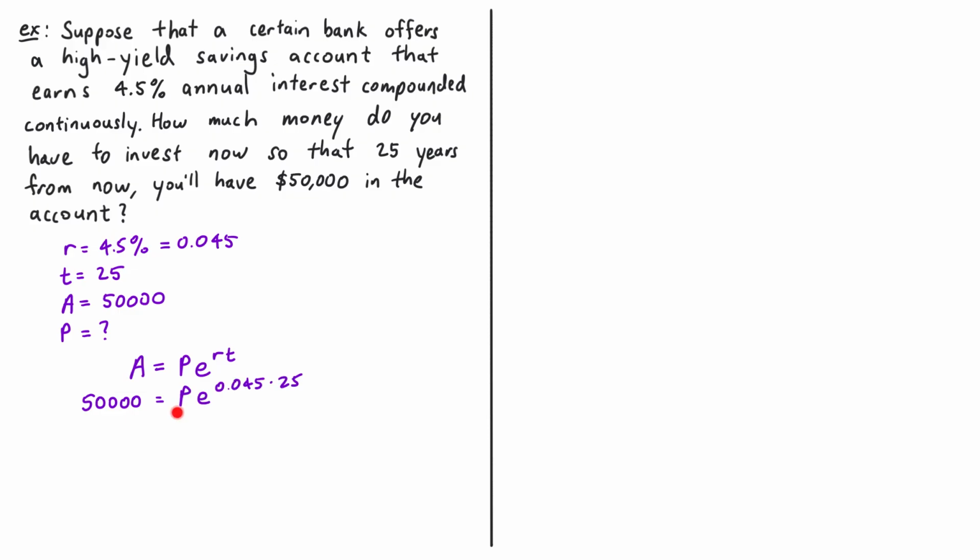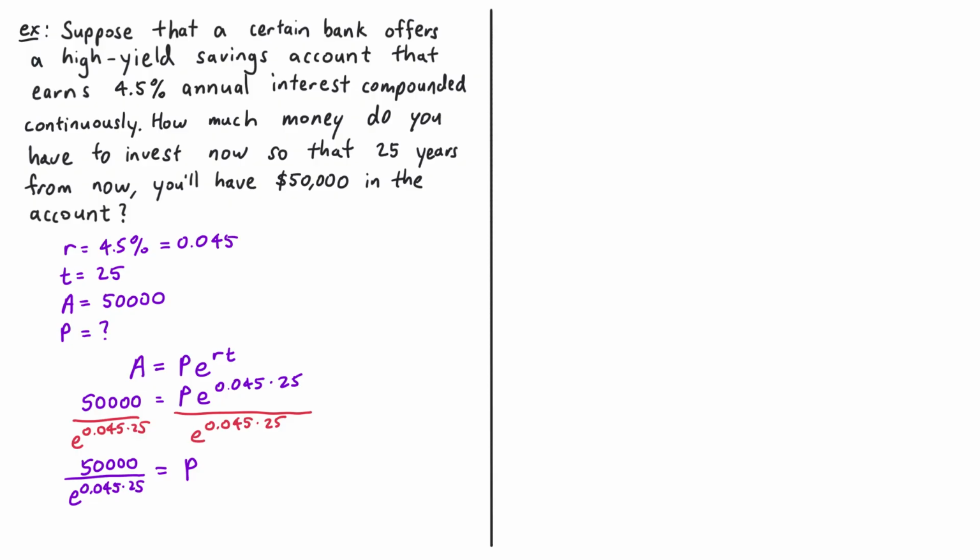So if we want to solve for P, all we have to do is divide this number to the other side of the equation. So let's divide the left-hand side by e to the 0.045 times 25, and divide the right-hand side of the equation by the same thing. So our principal P is equal to 50,000 divided by e to the 0.045 times 25.